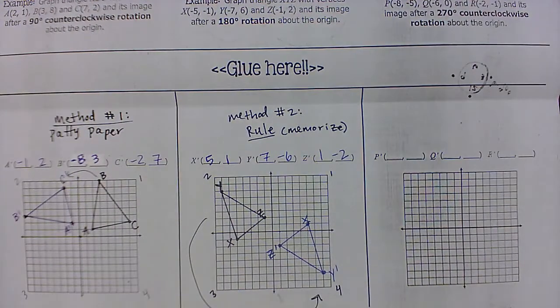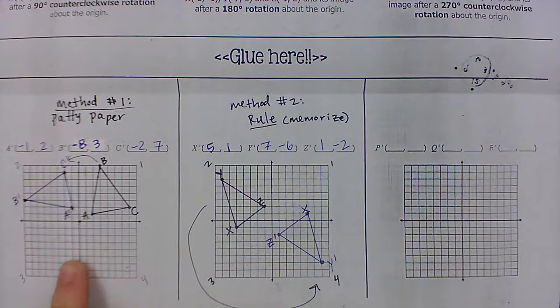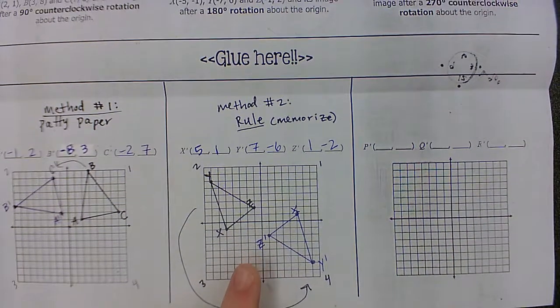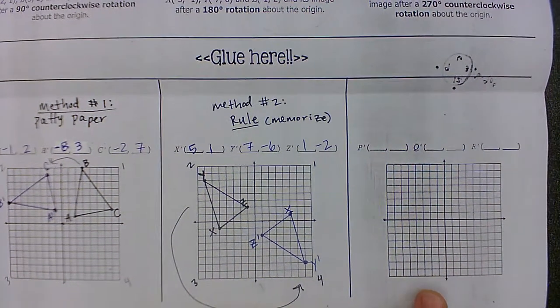These are 3 really great methods, but sometimes not so great on the EOC. Since we don't have patty paper, we have to memorize our rules. And this way it's really good if you have a paper test, but not so great for a computer. Okay, but again, this is good to just start visualizing.